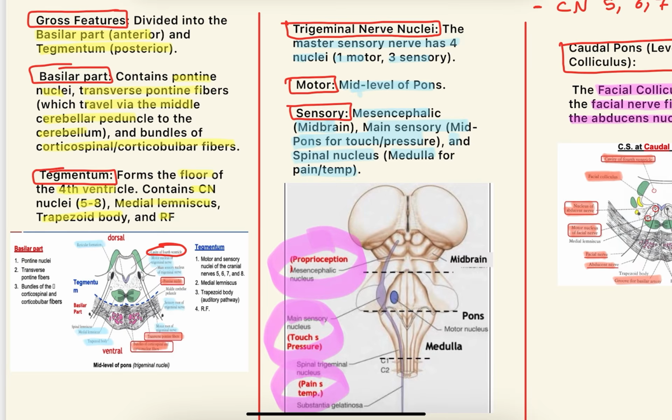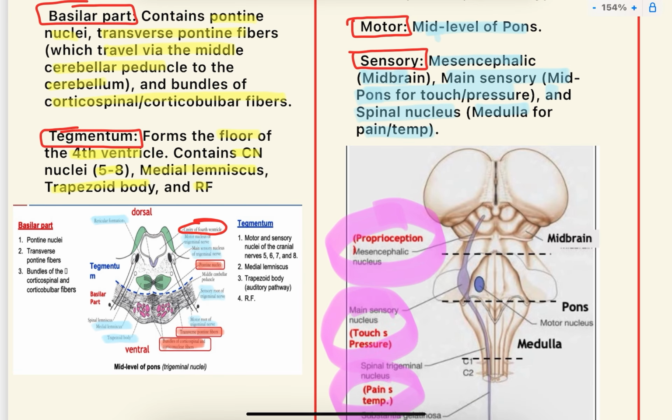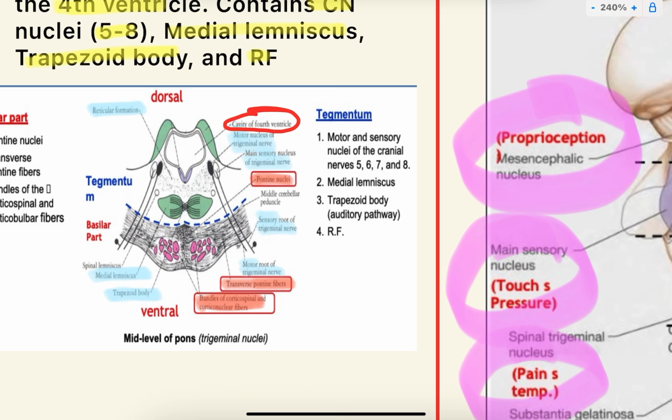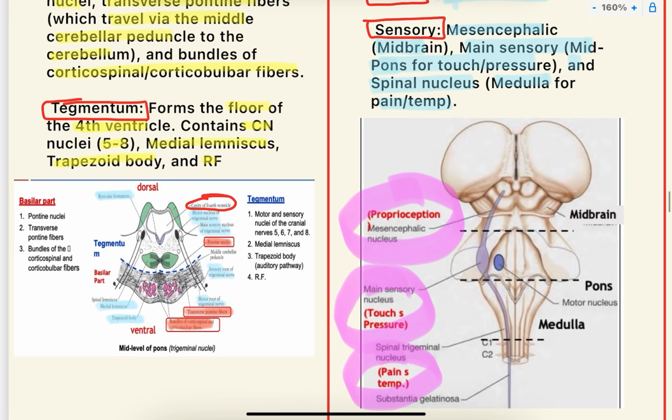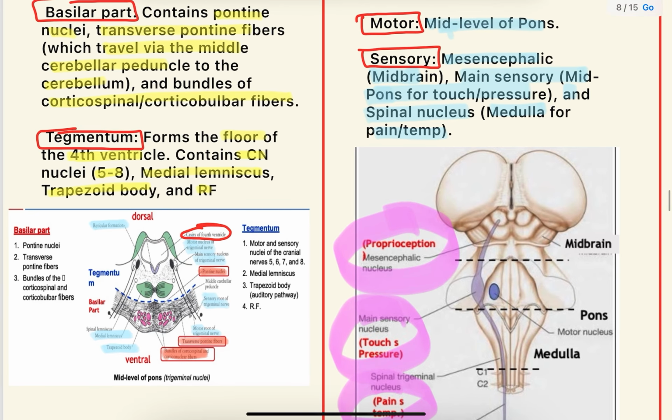Okay, now in the basilar part, what are the most important things that I see? I can see the pontine nuclei just right here, and I can see the transverse pontine fibers. So these pontine fibers, we talked about them.